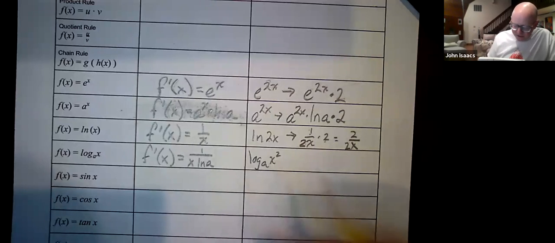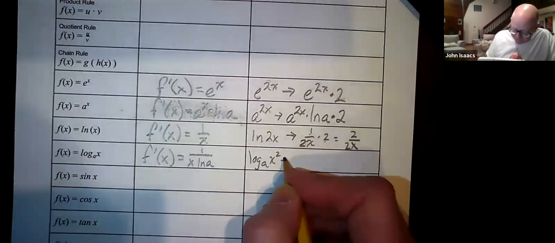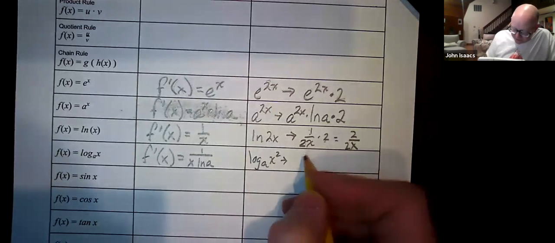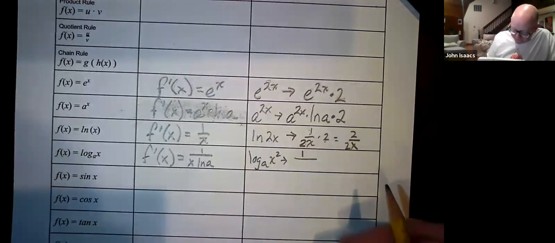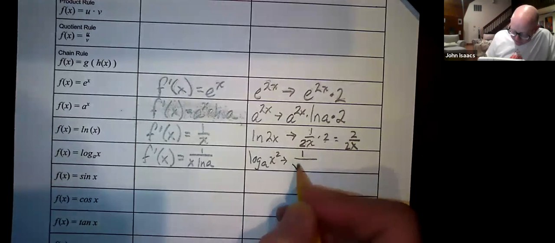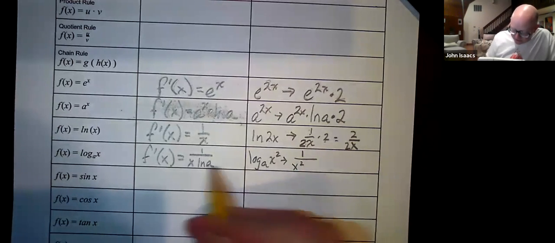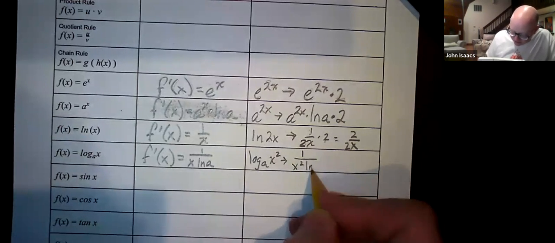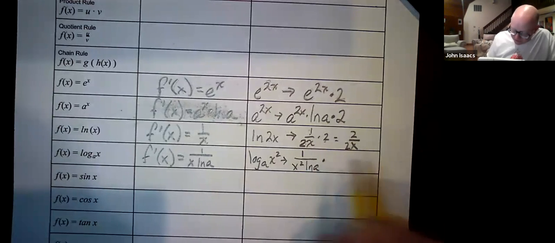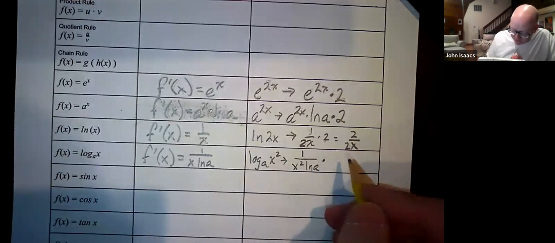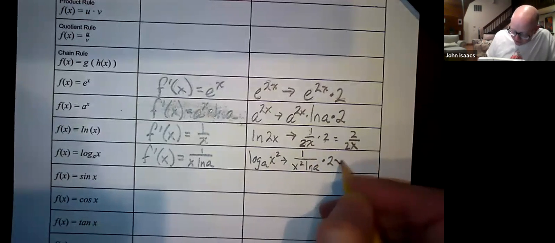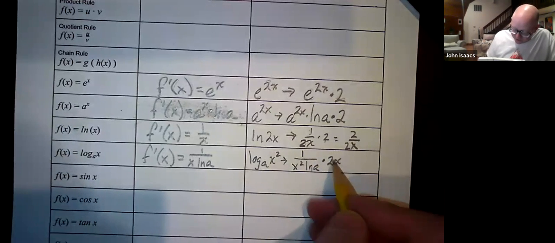But let's just try to take it just as is. We would have 1 over x squared times ln of a times the derivative of x squared, which would be 2x. That 2x could go on the top.